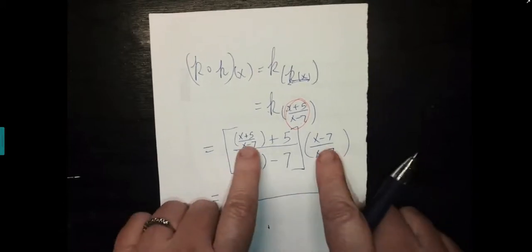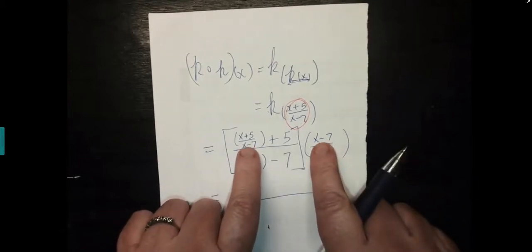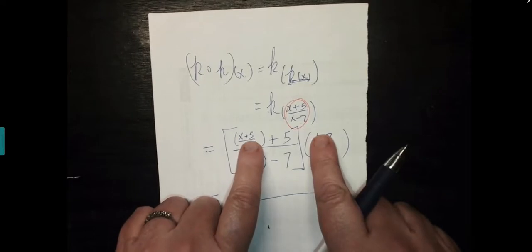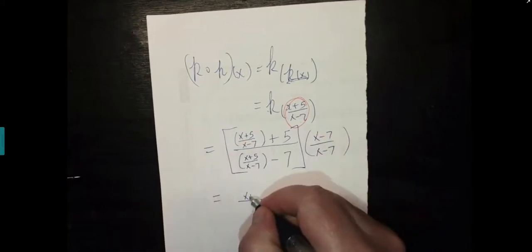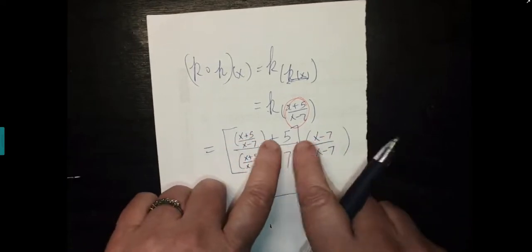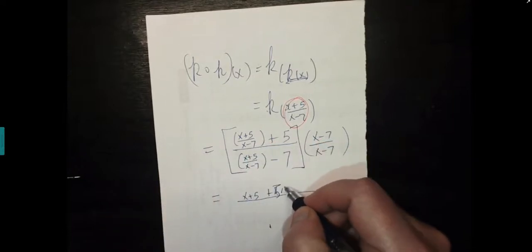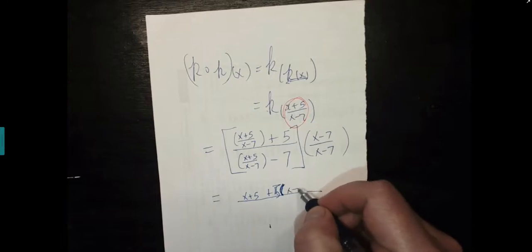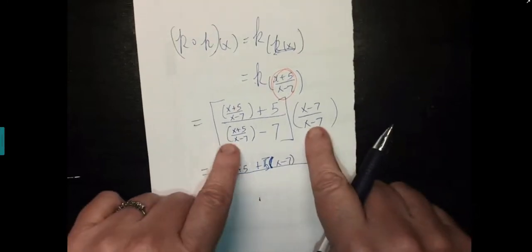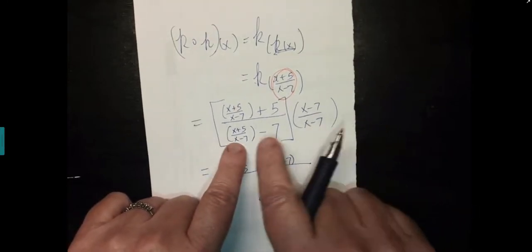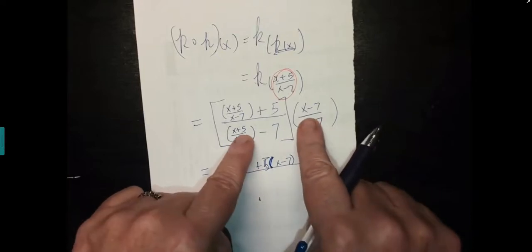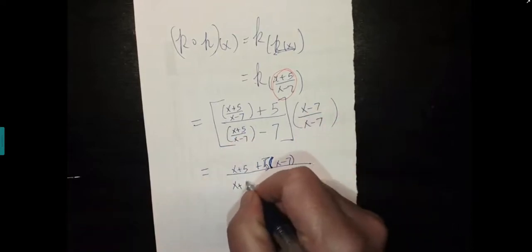And so what am I going to get? Well, when I multiply x minus 7 times that fraction, the x minus 7s are going to cancel and get x plus 5. And then I'm going to have plus 5 times x minus 7. Make sure that you put it in parentheses. And then here, when I multiply x minus 7 through to that, they cancel, and I'm left with x plus 5.